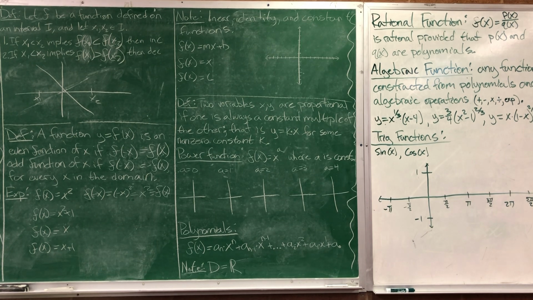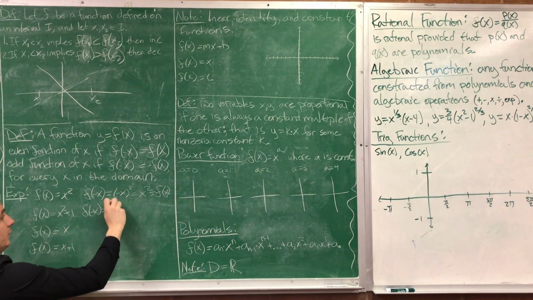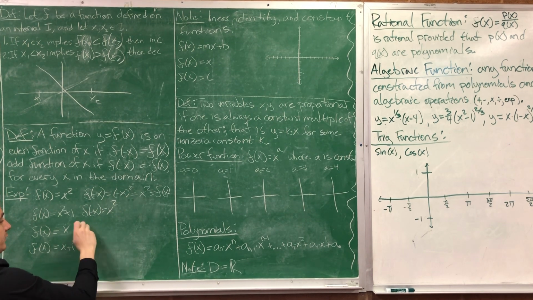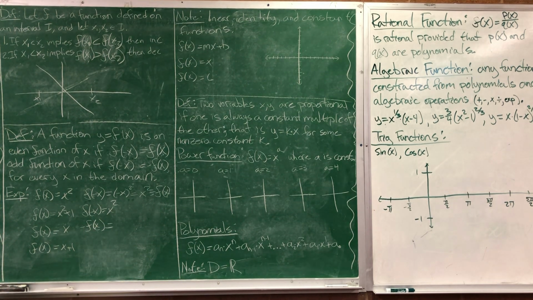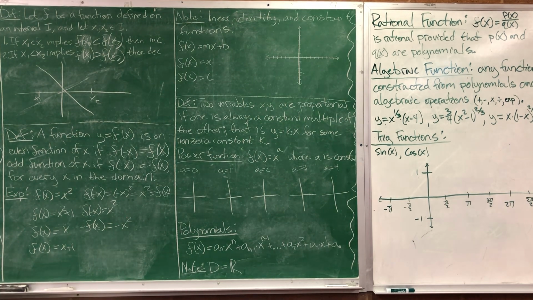You follow that? Now notice that f of negative x is equal to, we just barely did it, x squared. But what's negative f of x equal to? Negative x squared.